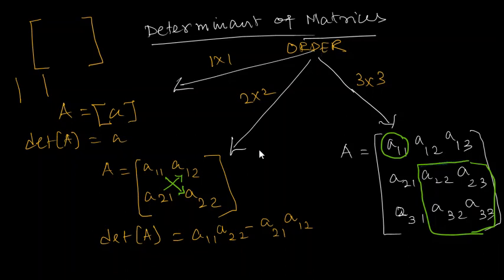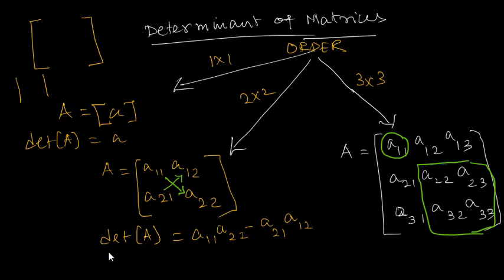Then for the determinant of order 2 by 2. 2 by 2 means it has two rows and two columns. So first row, first column A11 and first row, second column A12. Similarly A21 and A22.